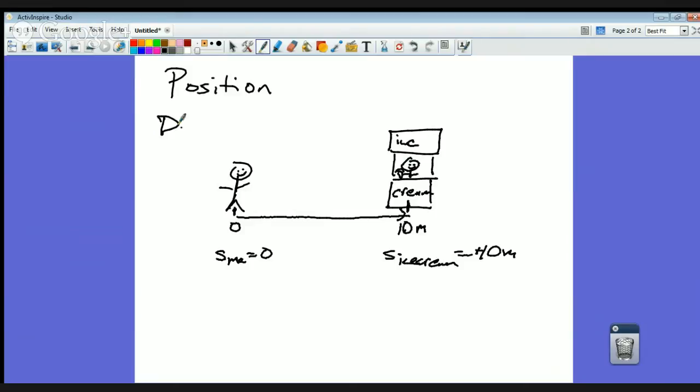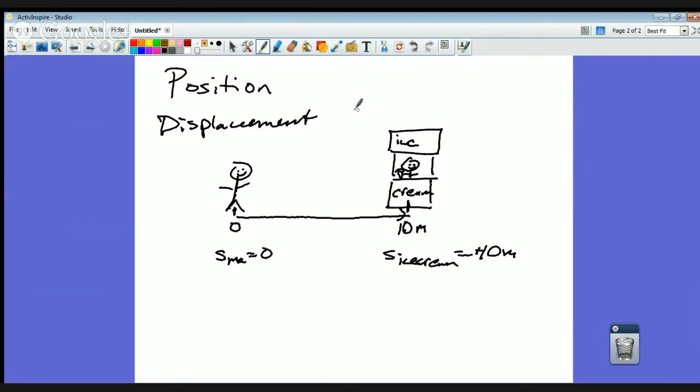Displacement we know is the change in position, so I would just be taking the final position, which is the position of the ice cream stand, 10 meters, and subtracting my initial position, which is where I started, 0 meters.